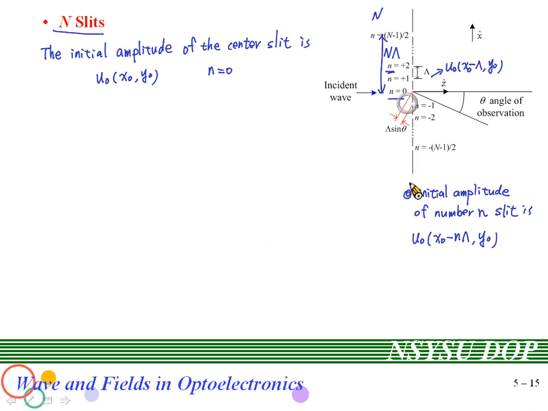So how about the total initial amplitude? Clearly, the total initial amplitude can be considered as the summation of each slit.